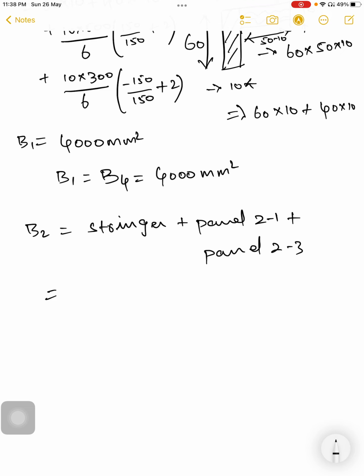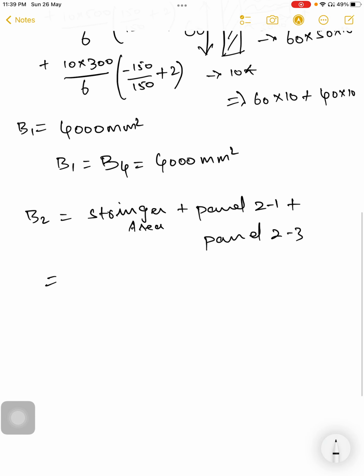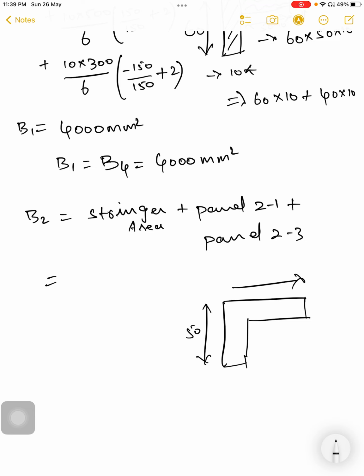So here the stringer area is 50 cross 40 cross 8. This is 50, this is 40, and the thickness is 8.